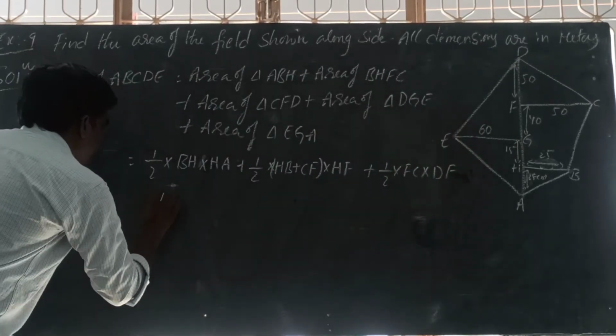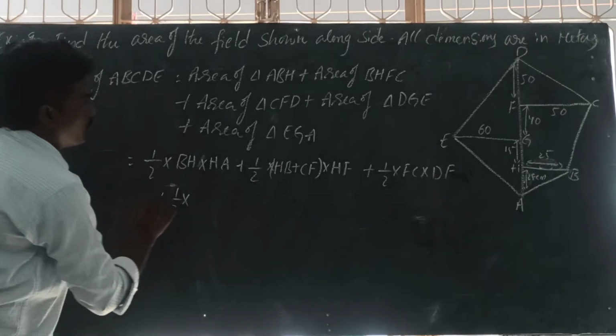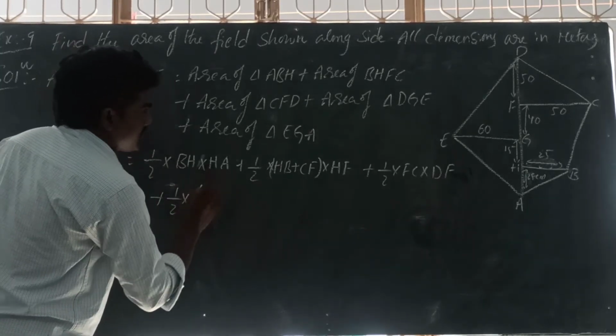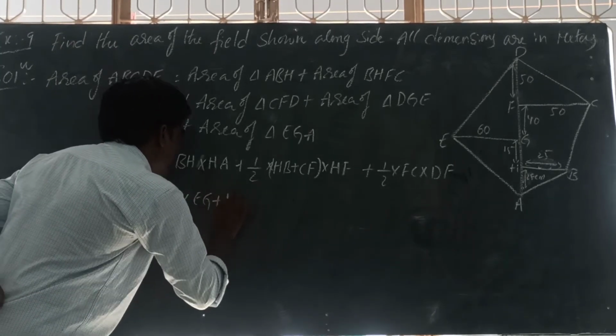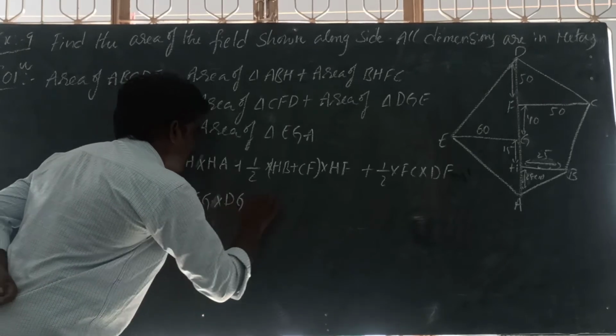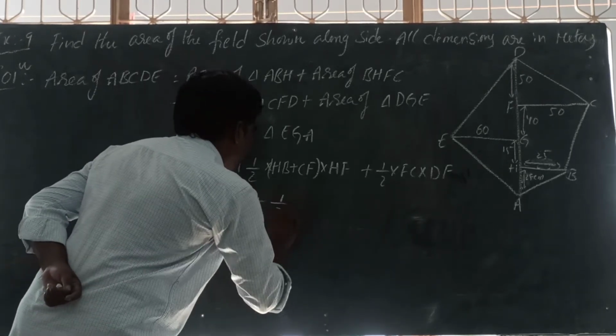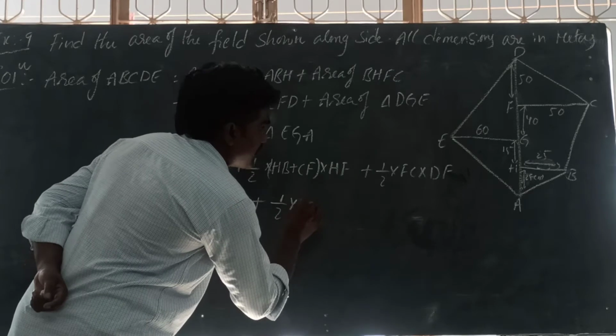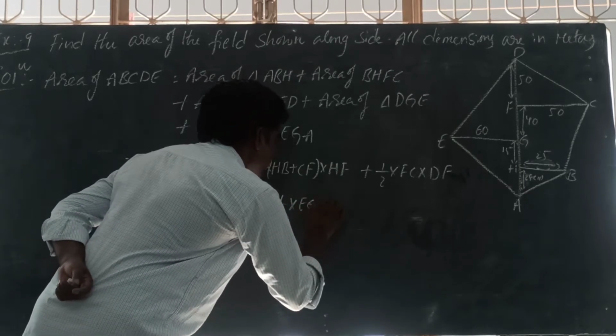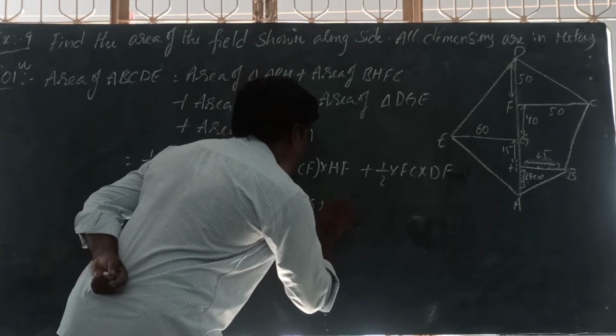Next plus 1/2 into base EG, height is BG, plus half into area of triangle, here base is EG into height GA.